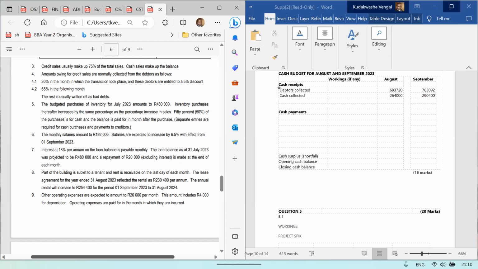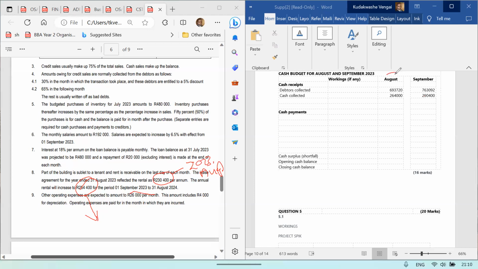So this is the rent that was being paid per year, right? This one per year for the year up to August 2023. But from September, the rent is changed to this amount there. And again, this is per annum, right?